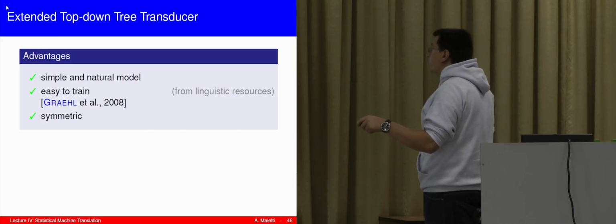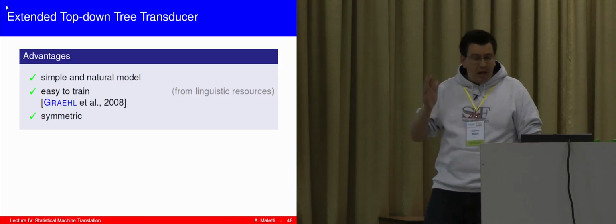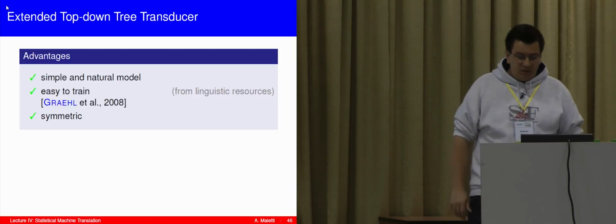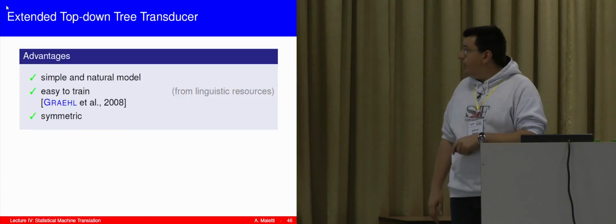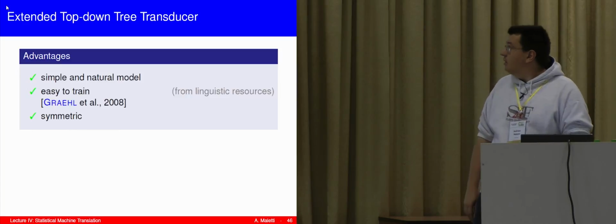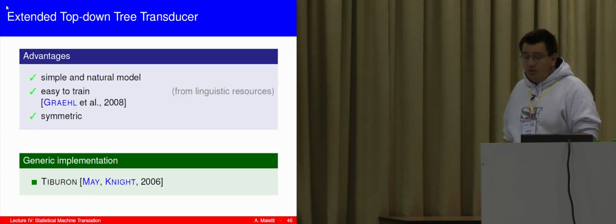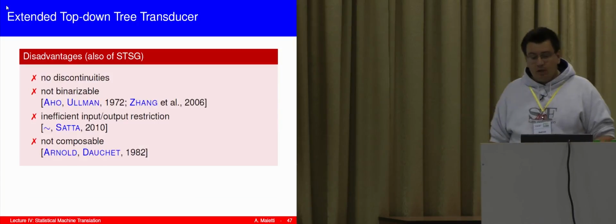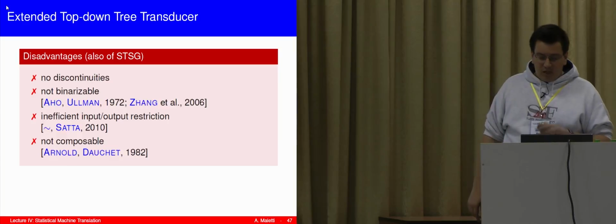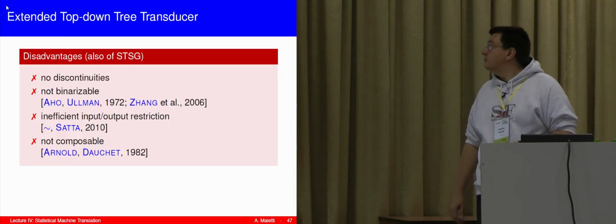And these are simple. Again, you might disagree, but for us they're very simple. They're relatively easy to train, only recently, however, been done. And they're symmetric, which is also good. And you can actually use them if you want. But they also have a bunch of disadvantages, but I'll get back to this tomorrow.